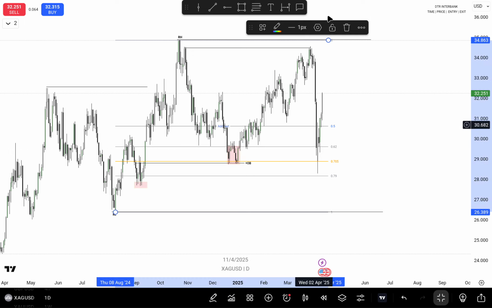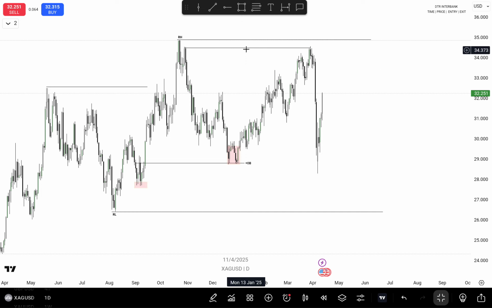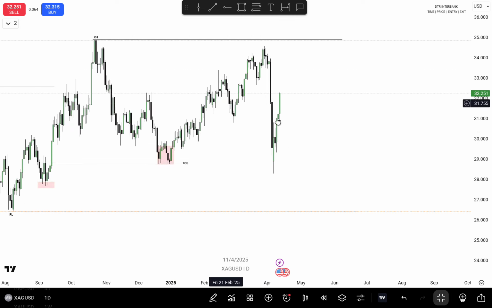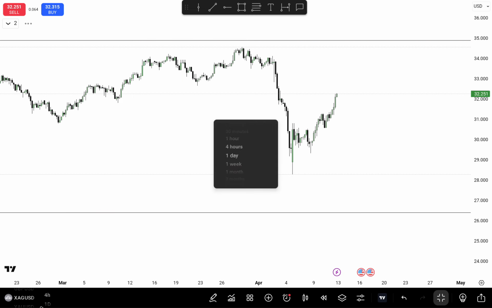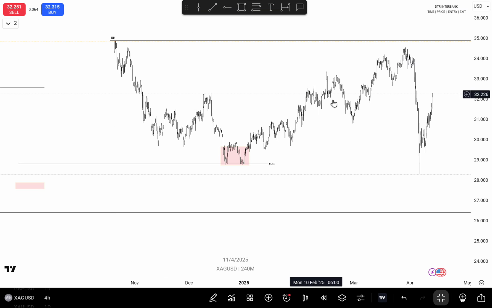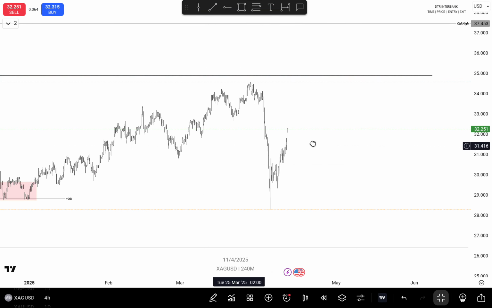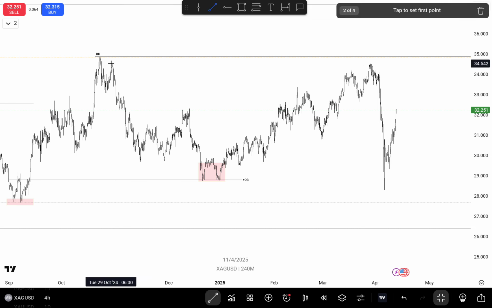So let's pull this off. Take this out. And then let's focus on current price action. 4 hours. So we took out this high right here in the 4 hours.